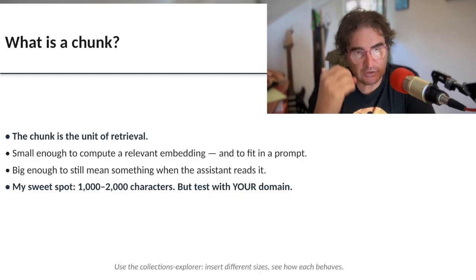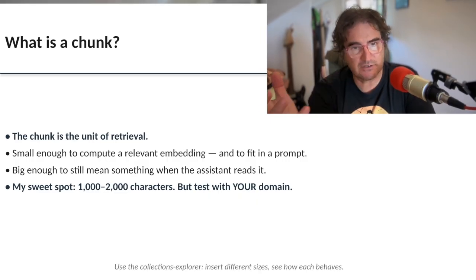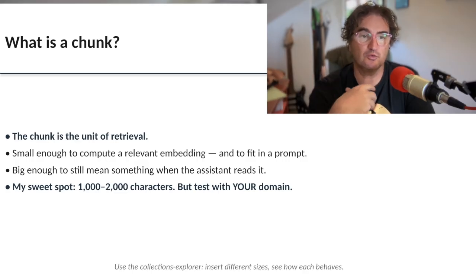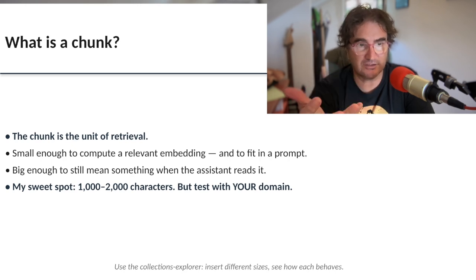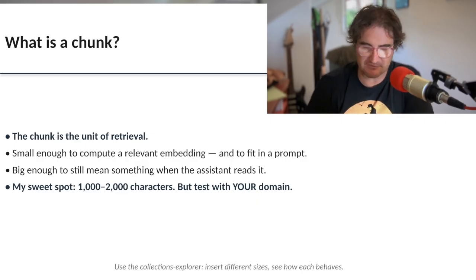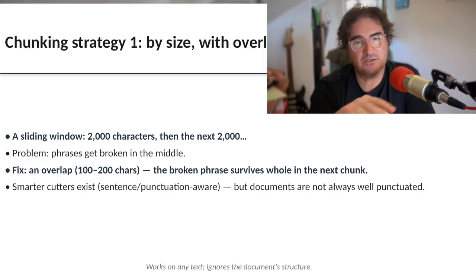The size of the chunk is not something that you can improvise. You have to test. You have to use tools like the Collections Explorer and insert different sizes of information and see how well it behaves.